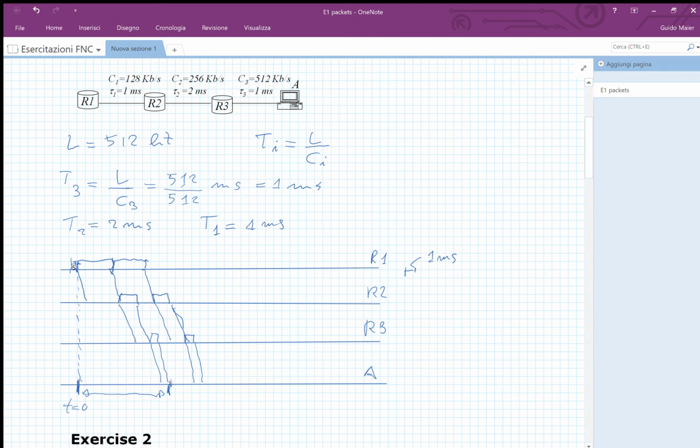It is the time between the transmission of the first bit at the first transmitter and the arrival of the last bit at the destination. For the second packet, it will be that one.